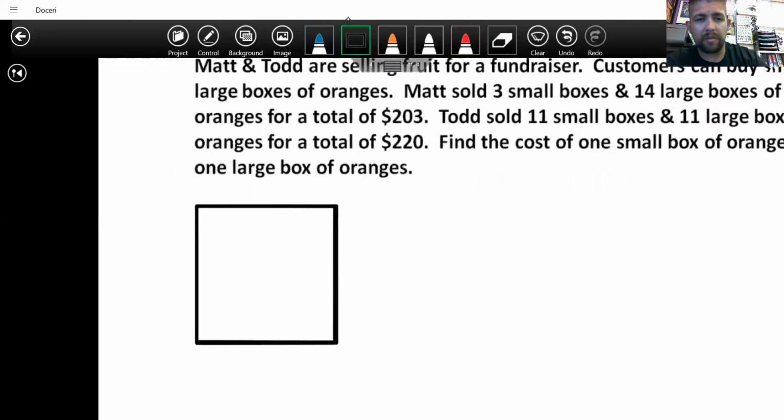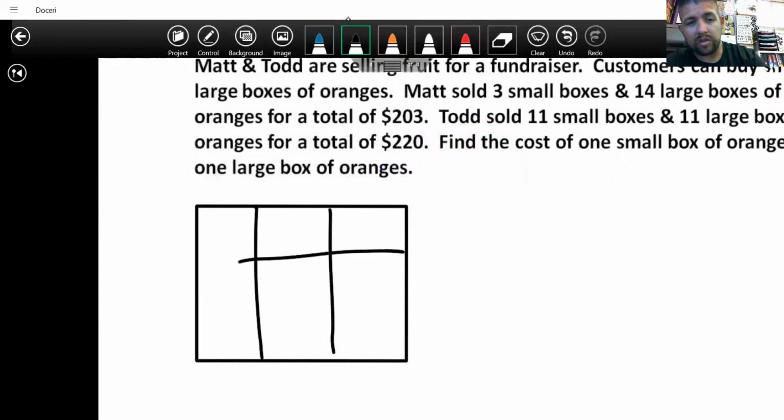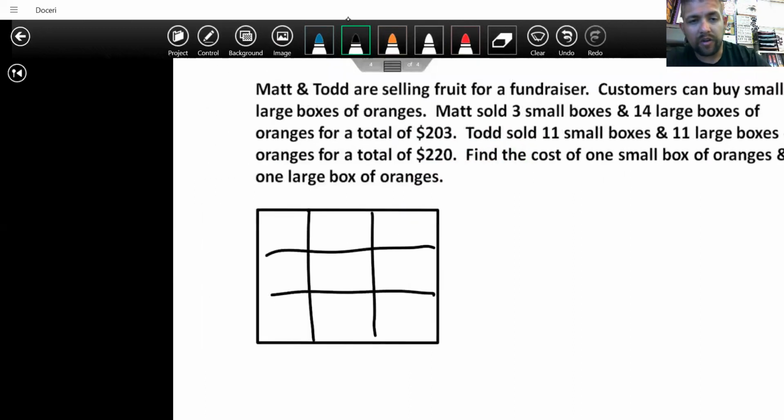So I'm going to create my box in here. Some of you guys can automatically come up with this idea of being able to just create the equations, and that's what we're hoping for. I want you guys to be able to get there and not have to worry about filling out this chart every time. So in this first one, we're going to say small box, large box with the capital L. Matt is going to be on the top, and then Todd is going to be on the other side.